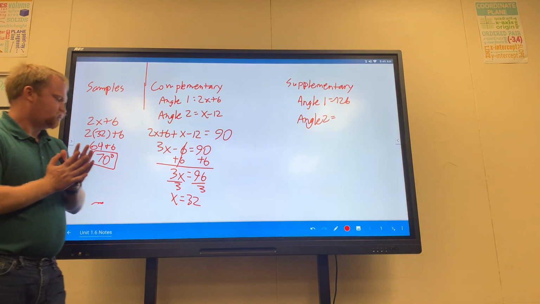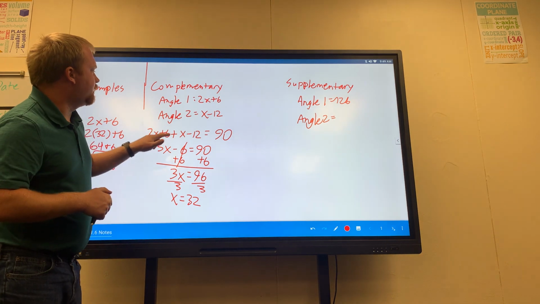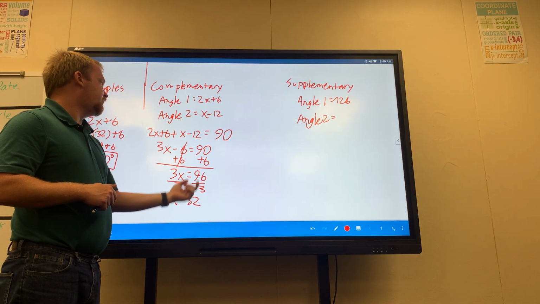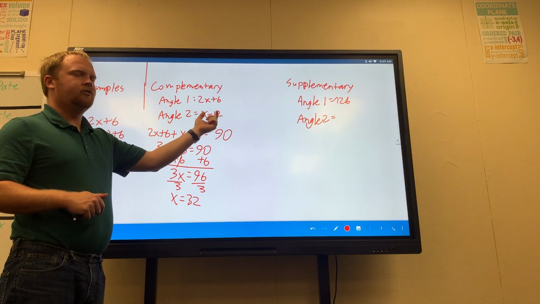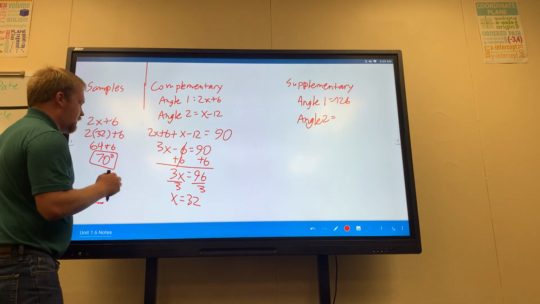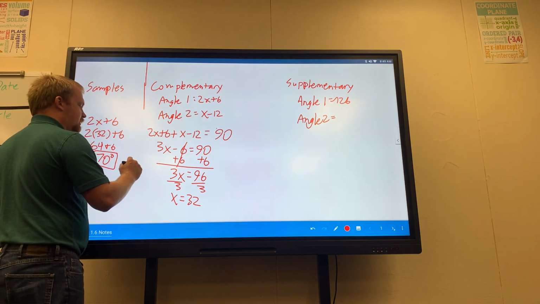Now, I did teach y'all that you can replace this x with 32 and then subtract it from 12. But what if I go ahead and subtract the 70 from 90?